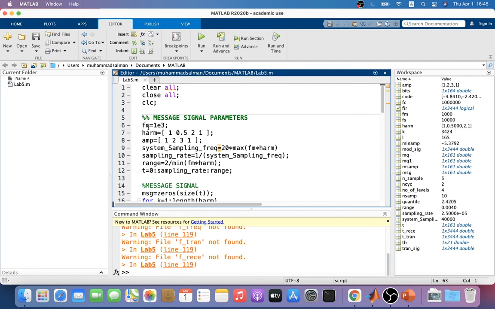Firstly, we defined the modulating frequency. I am emphasizing this modulating frequency because we will need to talk about it today. So FM is the modulating frequency, and it was composed of several harmonics and also some amplitudes.